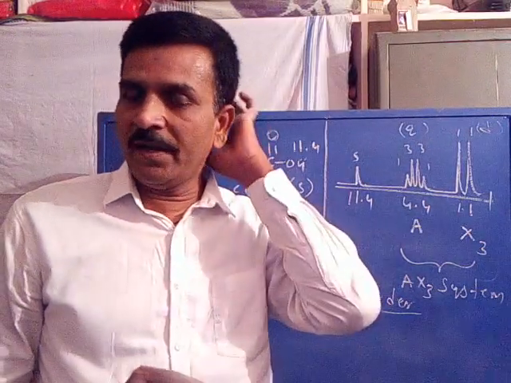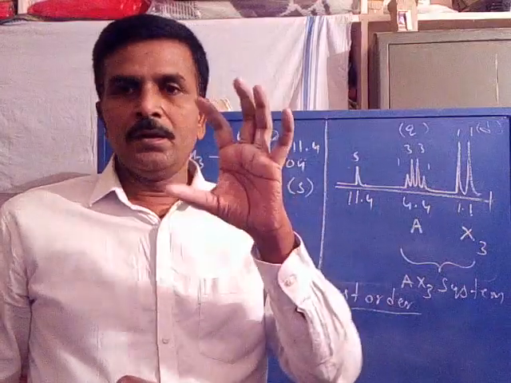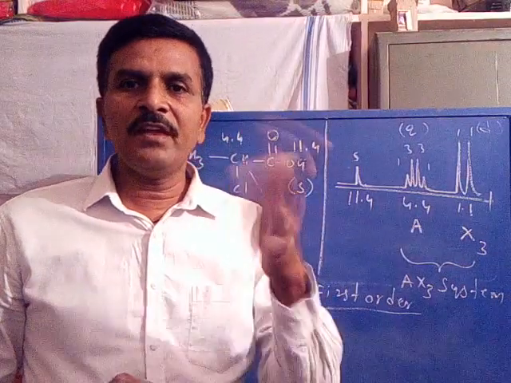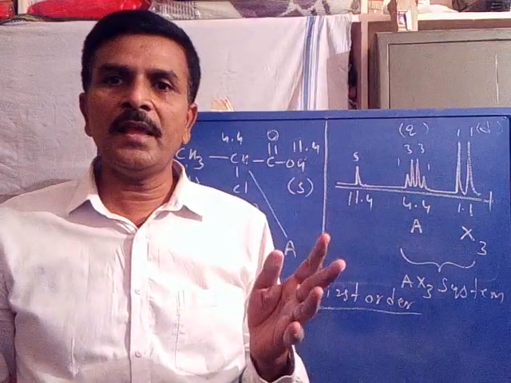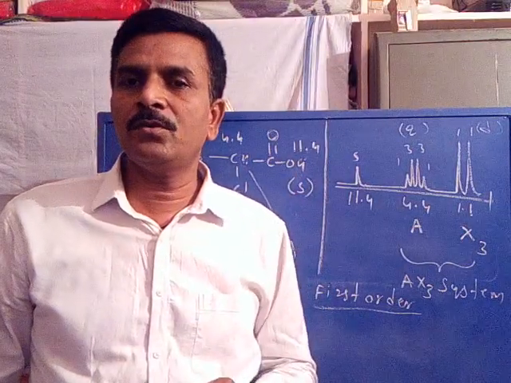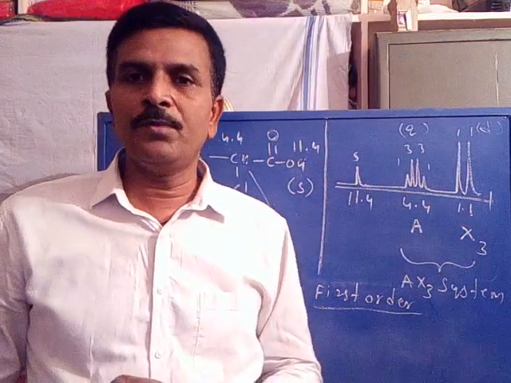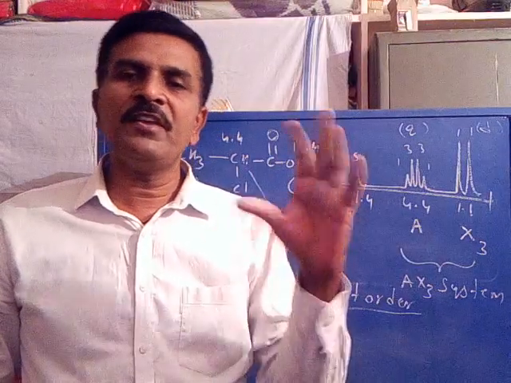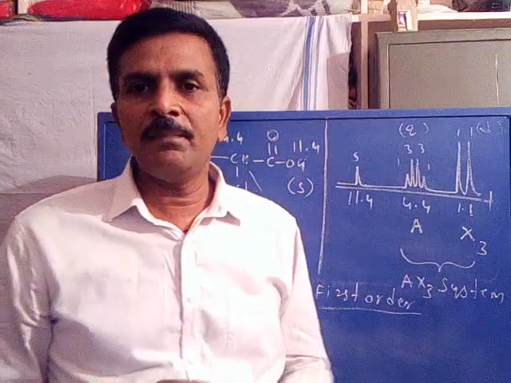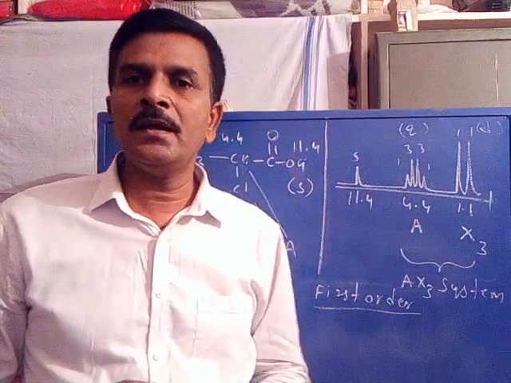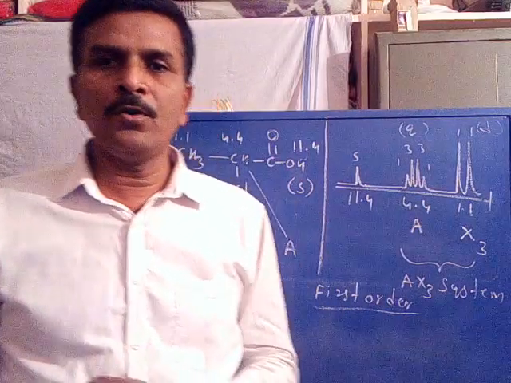You remember simply about the nomenclature. If the frequency difference is large between the coupled protons, use letter A, letter M, letter X to designate every set of coupled protons. If the frequency difference is too small, then we should use letter A, letter B, letter C to designate each set of coupled protons.